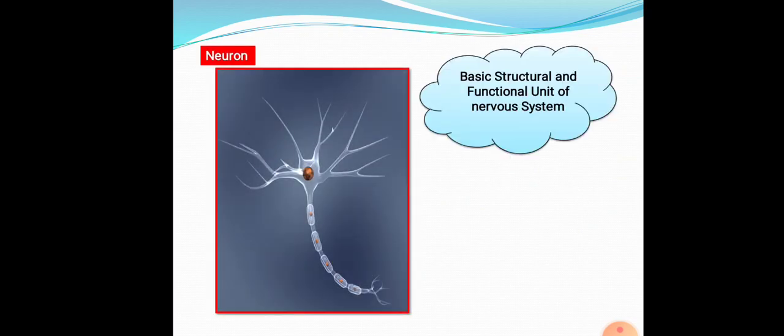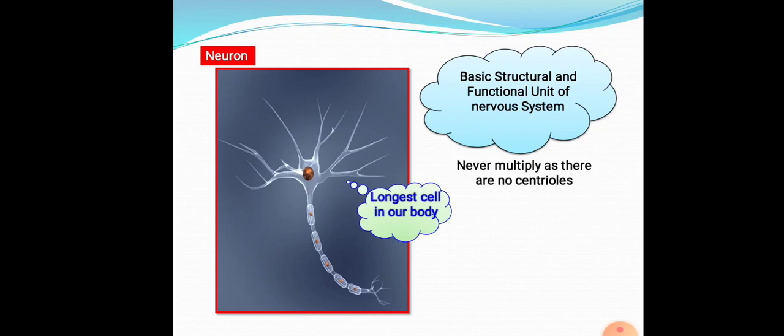If you can see, here is the structure of the neuron, and it is said to be the basic structural and functional unit of the nervous system. Yes, the neuron is called the basic structural and functional unit of the nervous system, and it is the longest cell in our body. Neurons never multiply, as there are no centrioles in the neurons.